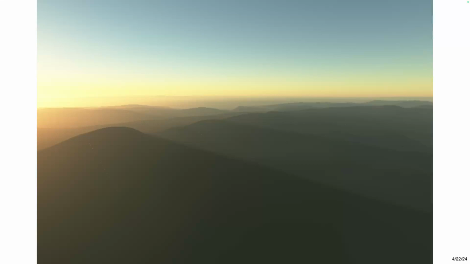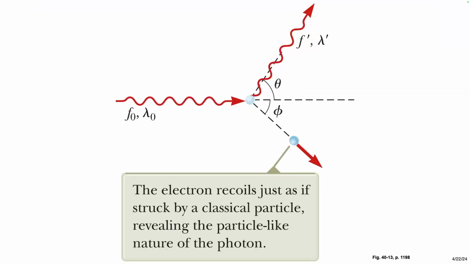Arthur Holly Compton was working on understanding scattering at its basic level, and he was running into a problem. It's a little bit similar to the problem that Max Planck had, in that the theoretical predictions that optics and Maxwell's equations make about scattering were not matching up with what Compton was experimentally measuring. So he set out to figure out why.